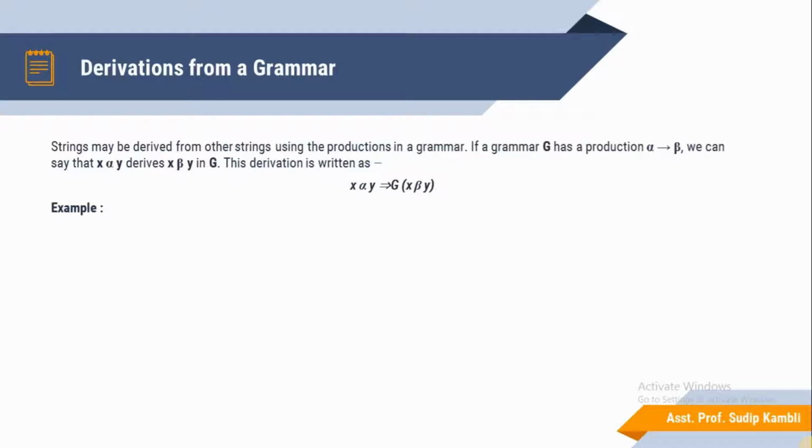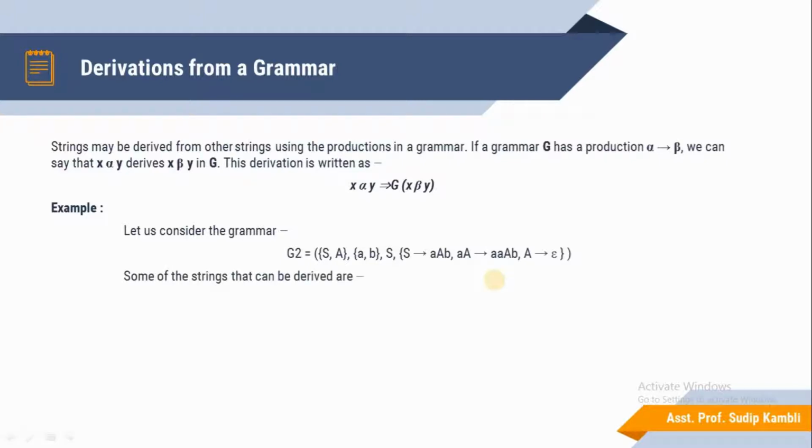In this example, let's consider the general grammar G2, where S and A are non-terminal symbols, a and b are terminal symbols, S is the start production rule, and three production rules are defined here. So let us see some strings that can be derived here. The start production rule is S derives a combination of terminal and non-terminal symbols.